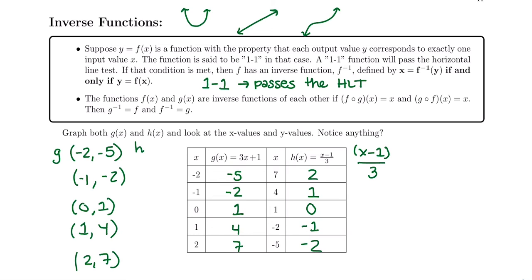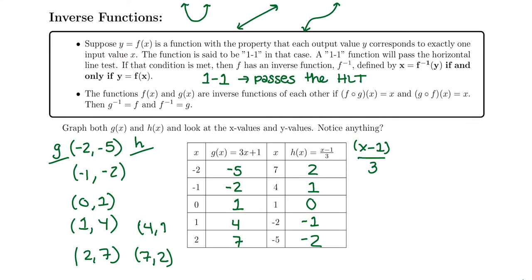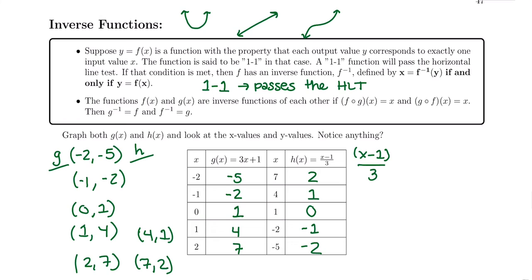Whereas for h, we have the point 7, 2 to start. And then the next point is 4, 1. The point after is 1, 0. Moving up, we would have negative 2, negative 1. And lastly, negative 5, comma, negative 2.